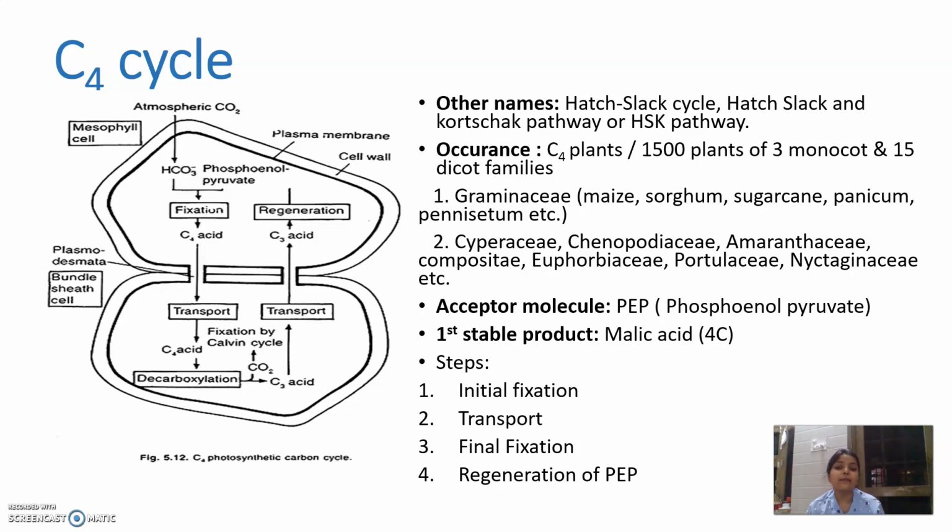The C4 cycle mainly occurs in two cells, the mesophyll cells and the bundle sheath cells. The bundle sheath cells are present mainly in monocot leaves, around the vascular bundles, and the mesophyll cells surround the bundle sheath cells.